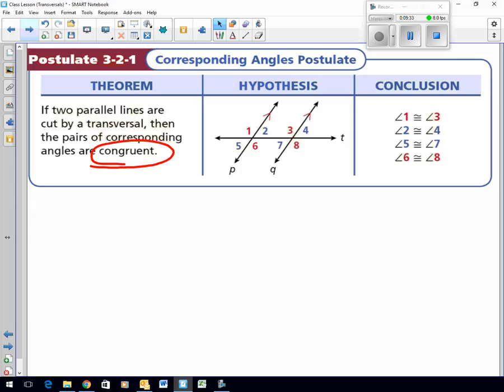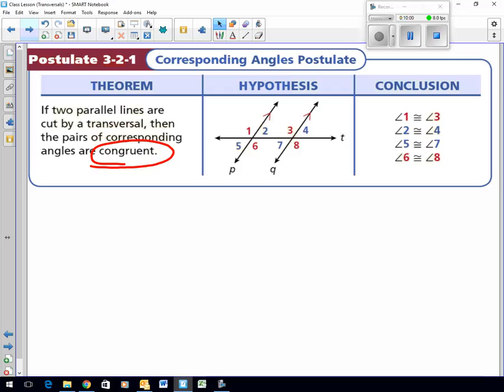See 1, 2, 5, and 6? If I cut those angles out and moved them over here and pasted them, the corresponding angles are the angles that would be on top of each other.